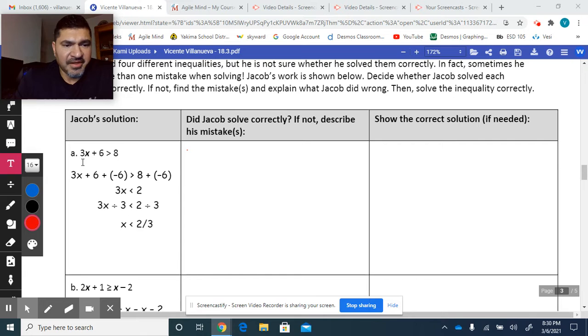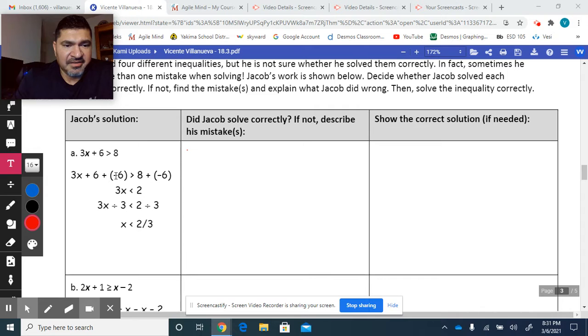Okay, so we have 3x plus 6 is greater than 8. So the first step he should do is, in this curriculum, I normally just subtract 6 on here, but they like to add a negative 6, okay? Adding negative 6 is the same thing as subtracting 6.